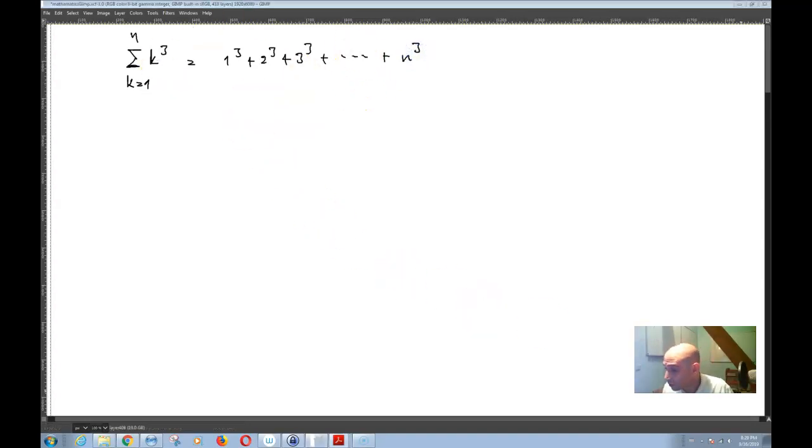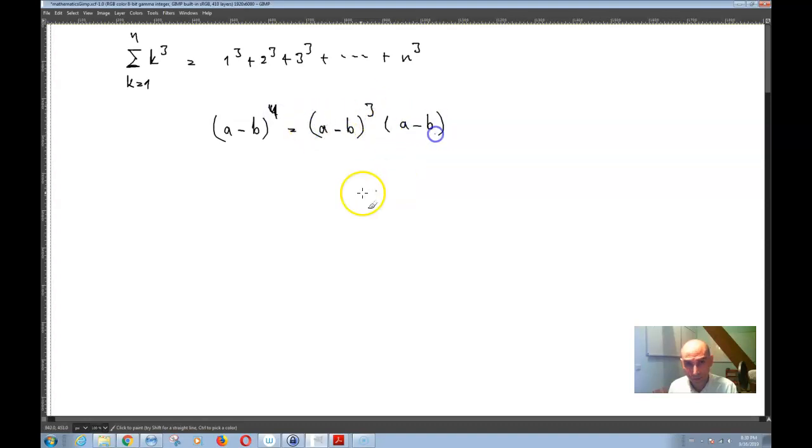In order to do that, you need to consider the identity a minus b whole raised to the power 4. I think you could do it with that. Let's see if that's possible. a minus b whole raised to the power 4 is the same as a minus b whole raised to the power 3 times a minus b.